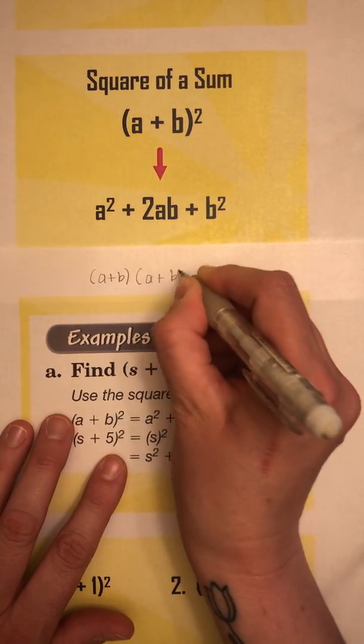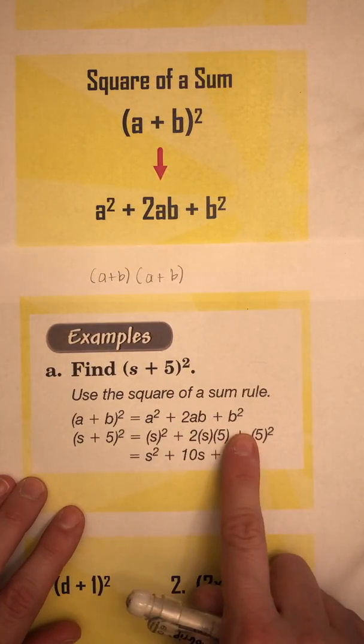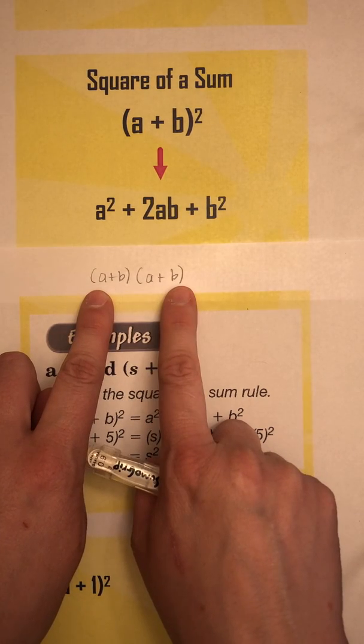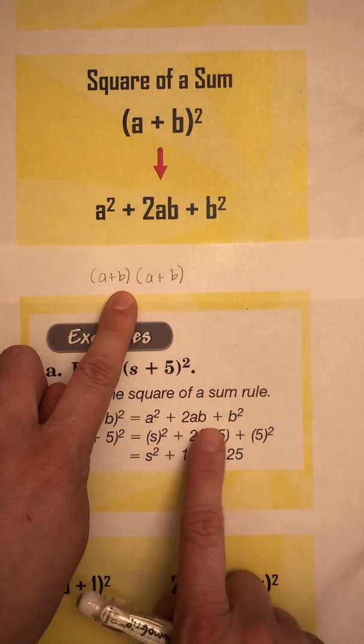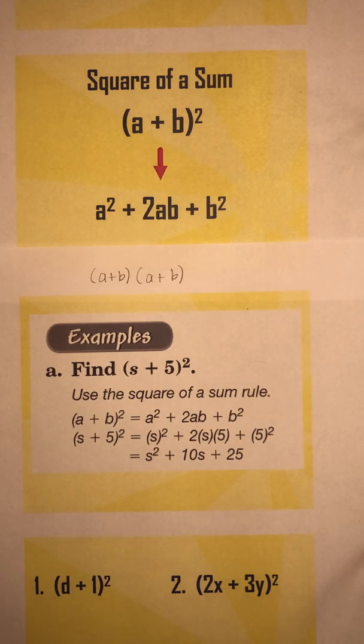So if you use what we learned in the last video, which is FOIL, that's where this comes from. First, outer, inner, last. We would have a squared plus ab plus another ab, that's why there's two ab's, and then plus b squared. So that's where the pattern comes from.